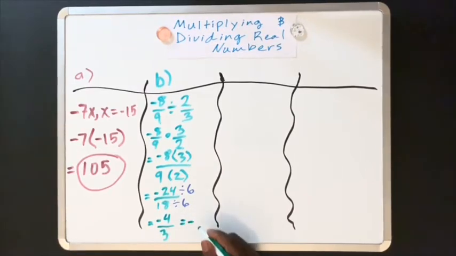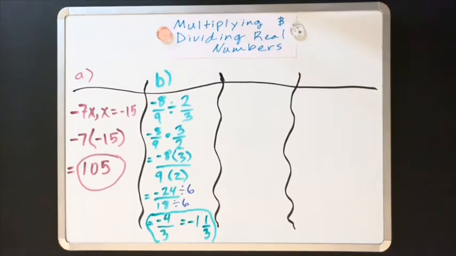So 3 goes into 4 one time. The denominator stays the same. And then we say 1 times 3 plus what number will give me 4? That's 1. So this is our final answer for that problem. All right, very good.